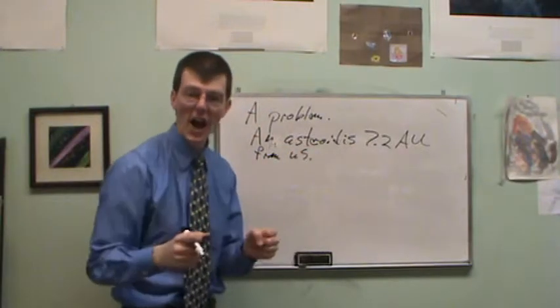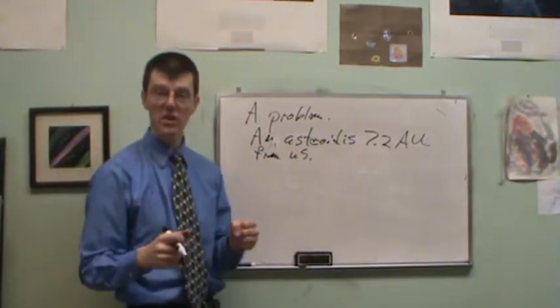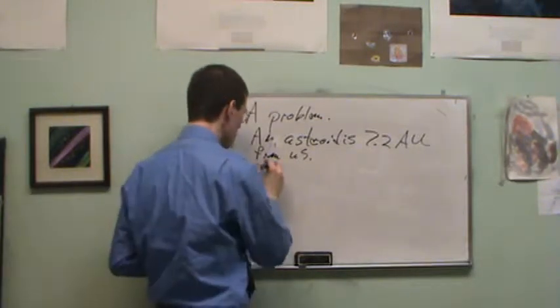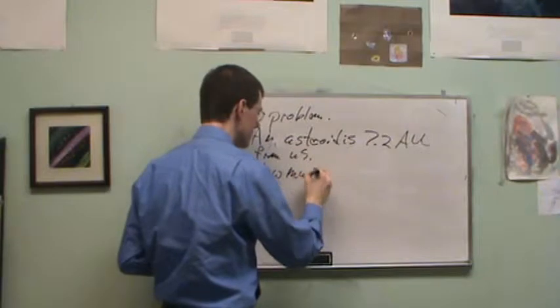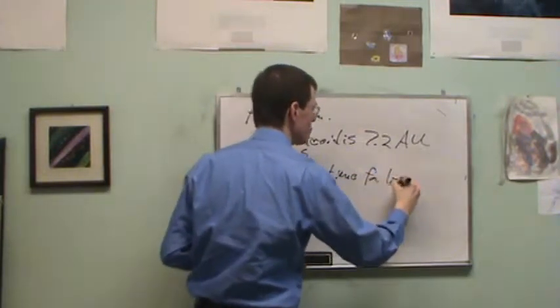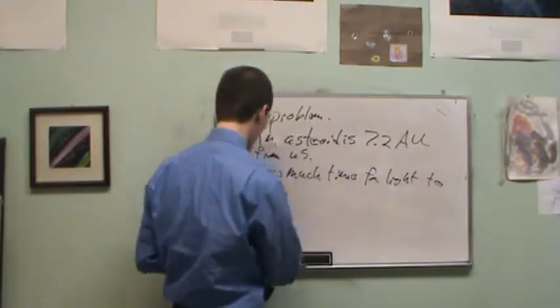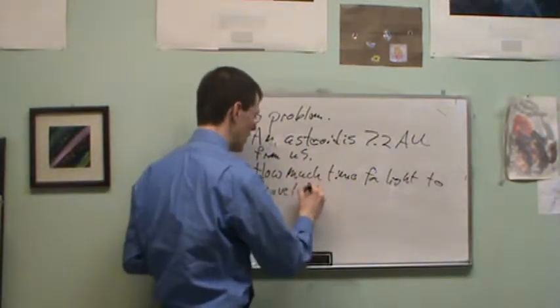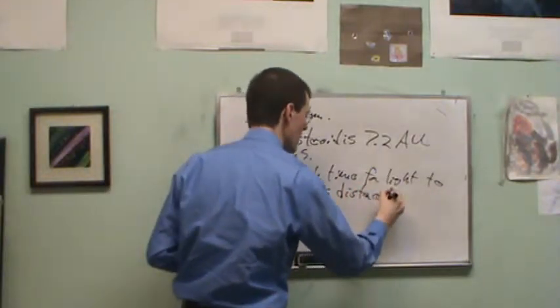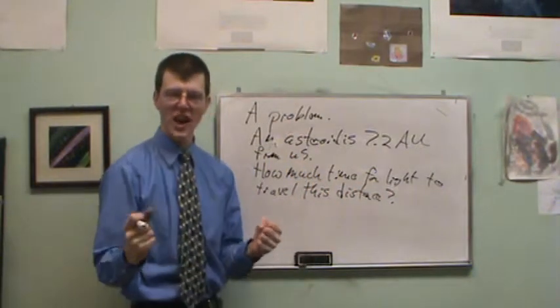How much time does it take for light to get here from there? Or from there to here, either way. How much time for light to travel this distance? Okay, so there's a nice straightforward classic sort of problem.